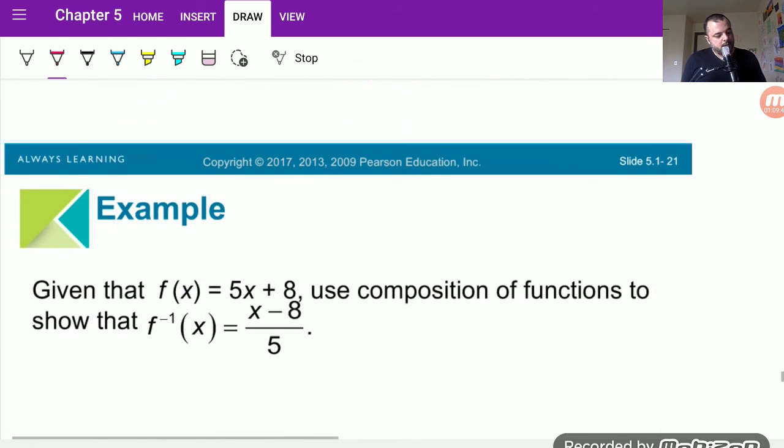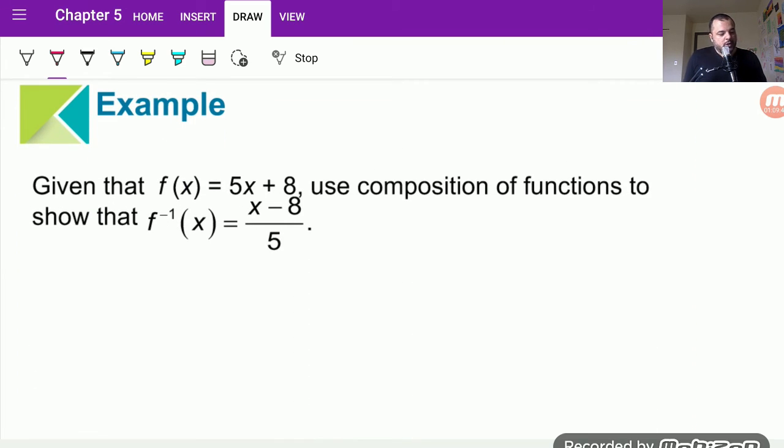Okay, example. We are going to use the composition of functions to show that the inverse is equal to (x minus 8) over 5 for this function f. So the question is, is f inverse really an inverse of that function f? I'm going to check f composed with f inverse first, expecting to get x as the final answer.